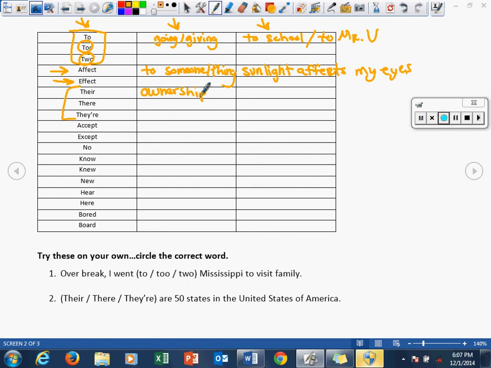For example, their jerseys, the other team's jerseys, their jerseys are cool. That has to do with ownership. The next one is there. This has to do with place. Earlier I said, look over there. I'm directing you to a place. It also has to do with being.